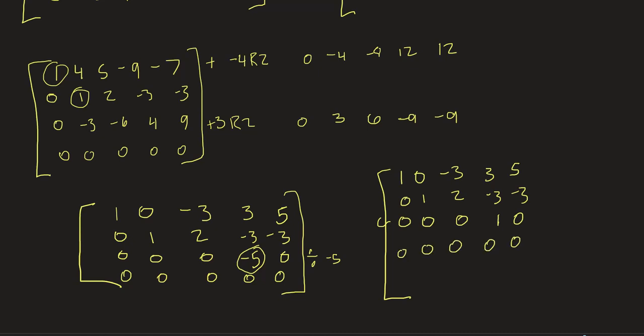And then when you have a row that just has a single 1 in it, that's easy to know what it's going to do. If I multiply this one by negative 3 and add it to the first one, it just will get rid of this one. And if I multiply it by positive 3 and add, it'll just get rid of that one. So this is going to be plus negative 3 times row 3, and this will be plus 3 times row 3.